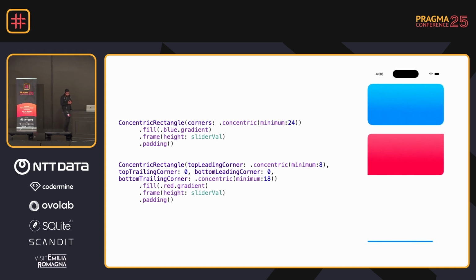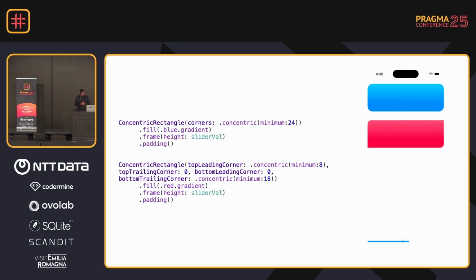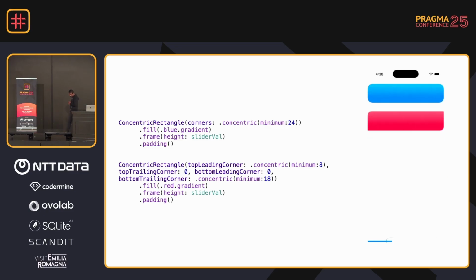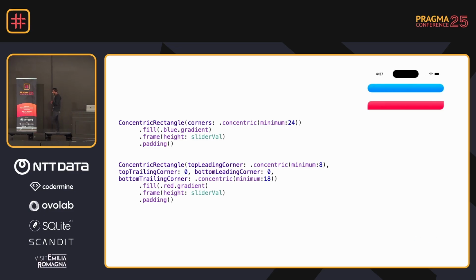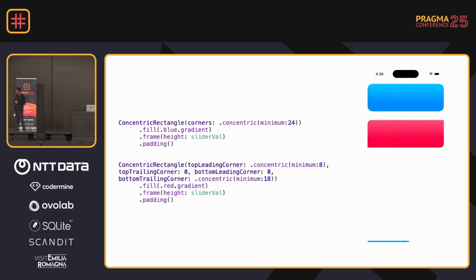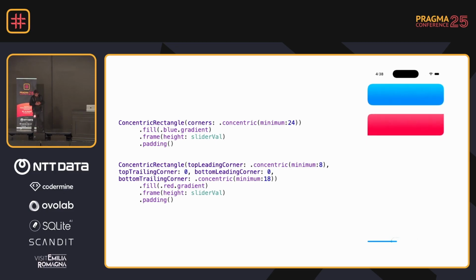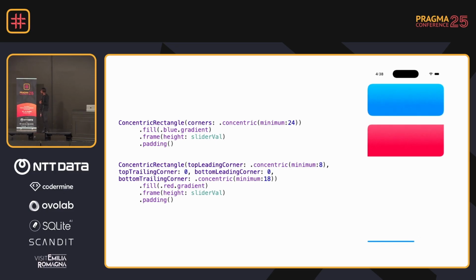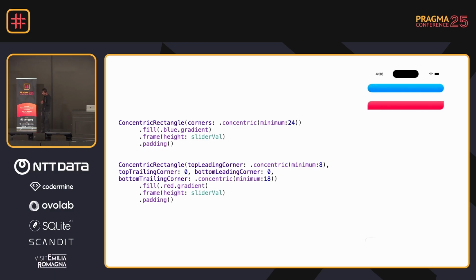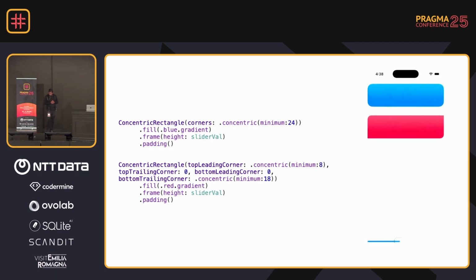Instead of using the concentric rectangle directly, you can also use the concentric rectangle with multiple clipping shapes. Before, you had to manually clip which area you wanted to round the corners, but now you can use different enum versions by passing concentric radius variations.